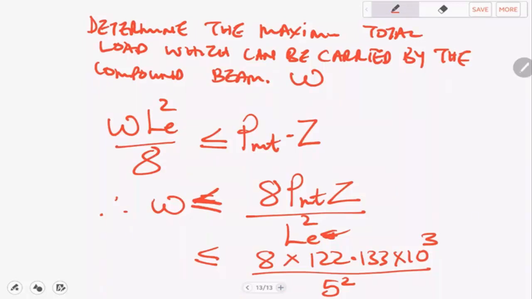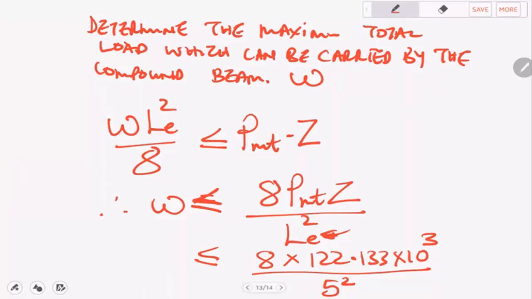What answer do we get? 8 times 122.133 times 10 to the power 3 divided by 25. I get 39,082.56. Make it kilonewtons per meter, because load is expressed in kilonewtons per meter. So then it's 39.08.